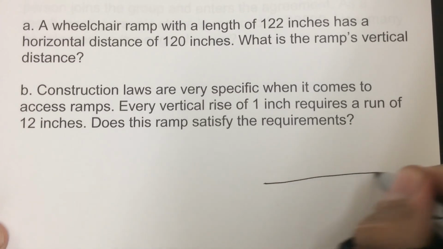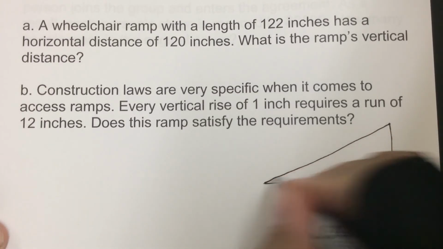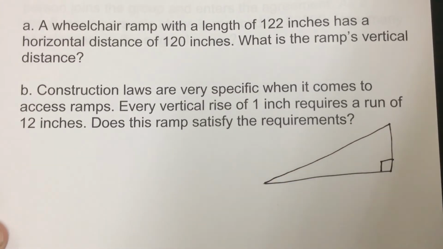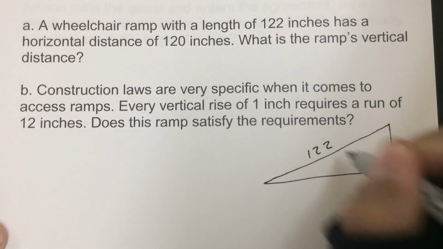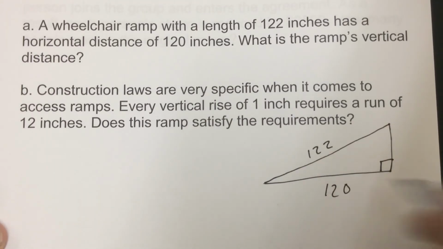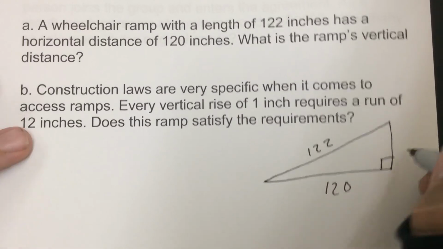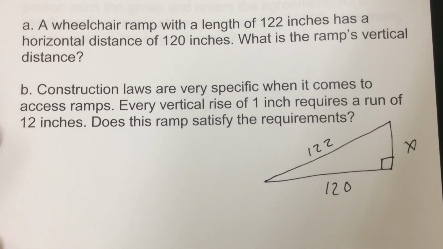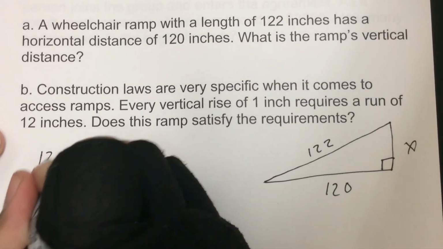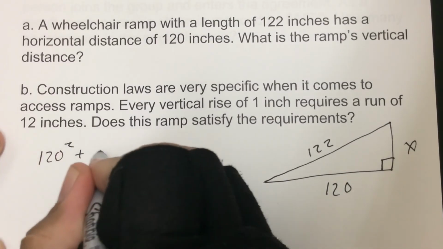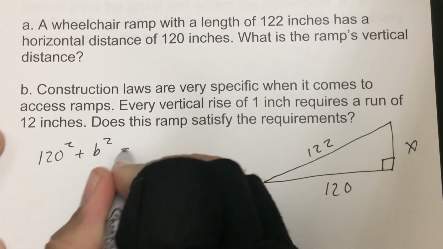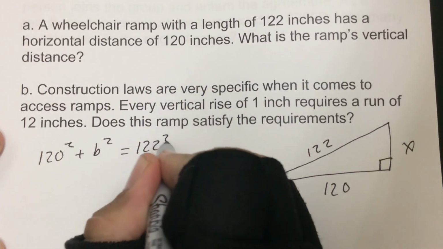If we draw out a ramp here, we're going to make this a right triangle. The ramp is 122. Our horizontal is 120, and that vertical side is what we're looking for. So we're going to have 120 squared plus b squared equals 122 squared.